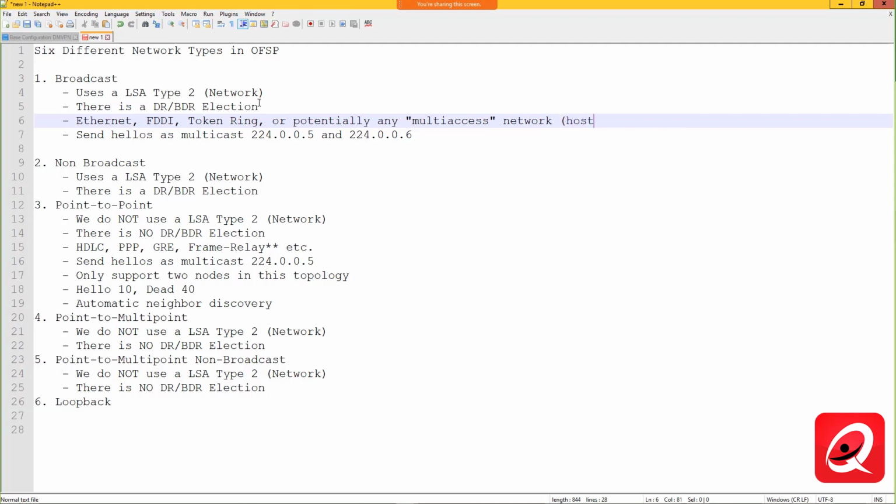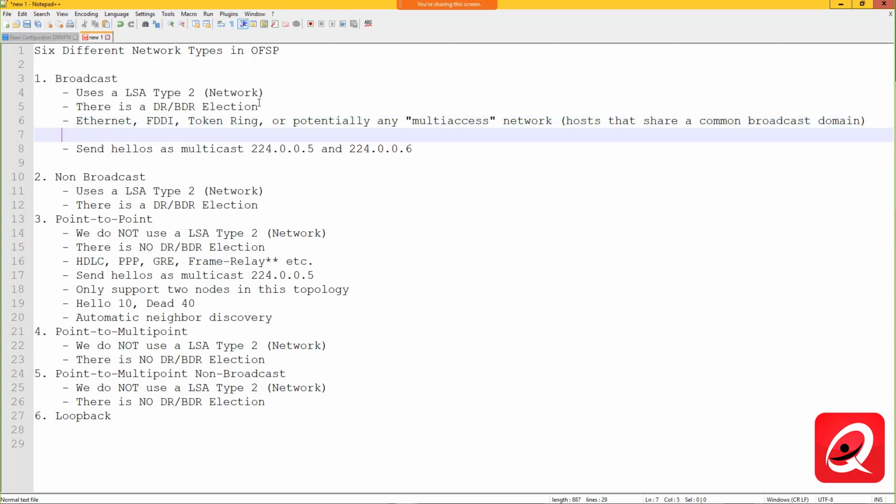That would be hosts that share a common broadcast domain. So this could be, for example, Frame Relay point to multipoint, or a DMVPN type network where I have a DMVPN hub that's talking to a bunch of DMVPN spokes. They all share a common broadcast domain on their tunnel interfaces, so that's going to be considered a broadcast domain.